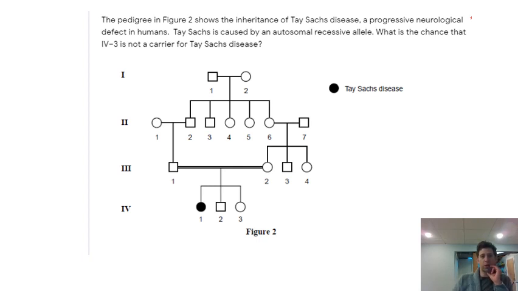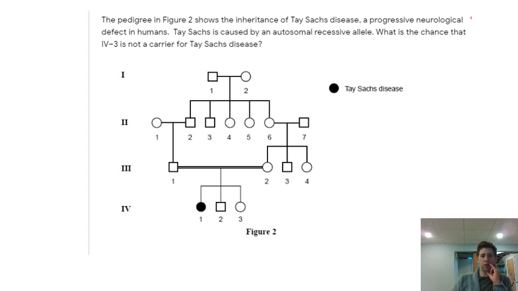Next question. The pedigree in figure 2 shows Tay-Sachs, a recessive condition. What is the chance that 4-3 is not a carrier? Well, let's look. 4-3 does not have the trait, but by having a sibling that has the trait, homozygous recessive, we actually know that both parents are heterozygous.